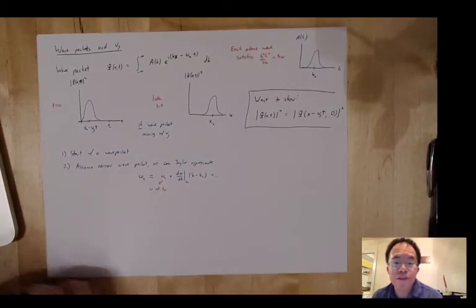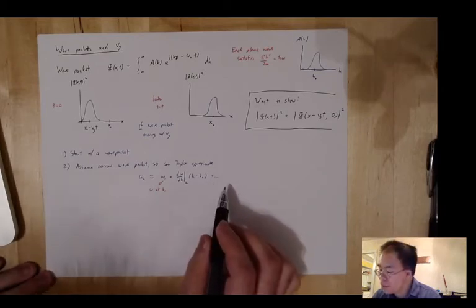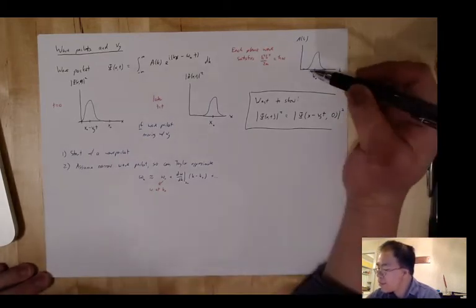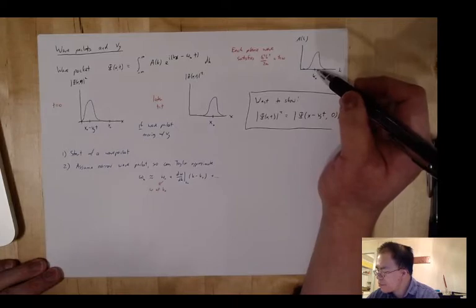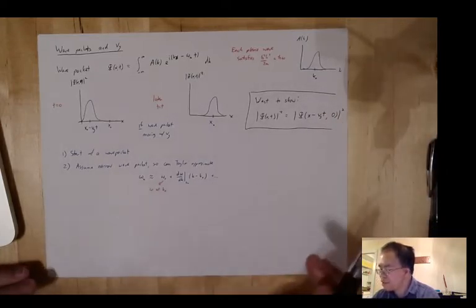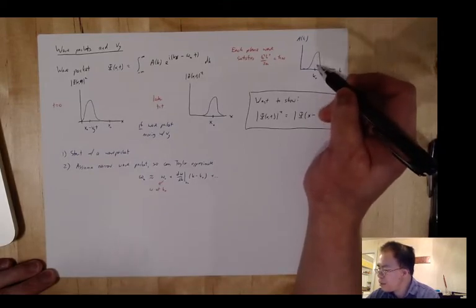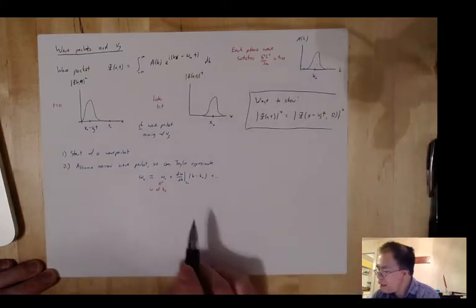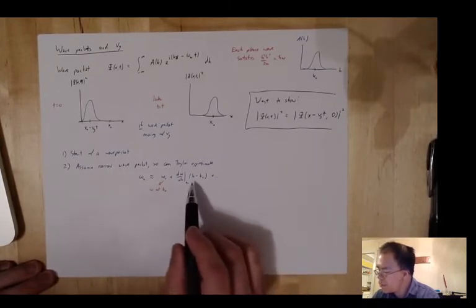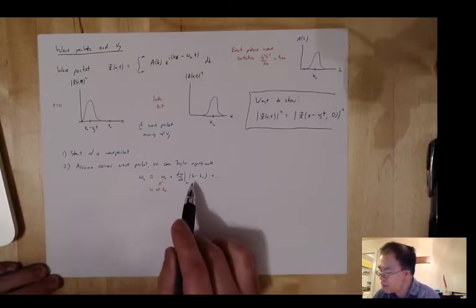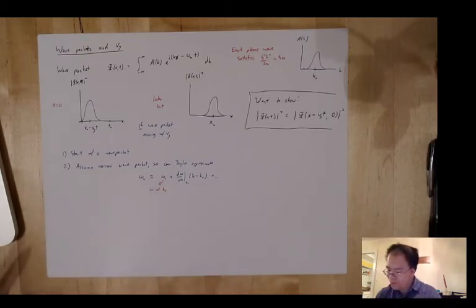This is the first order Taylor expansion. We're going to assume that higher order terms, which would involve larger powers of k minus k naught, are negligible. If this is a sufficiently narrow spread in k, then the integral won't have support for large deviations from k naught, and we can get away with this.